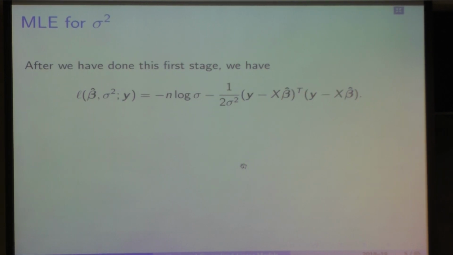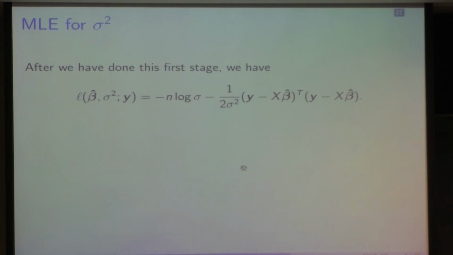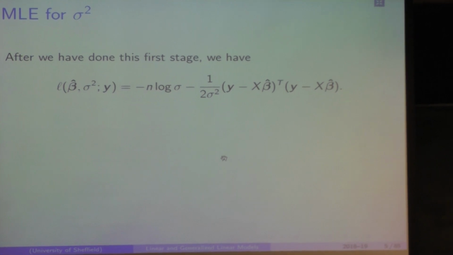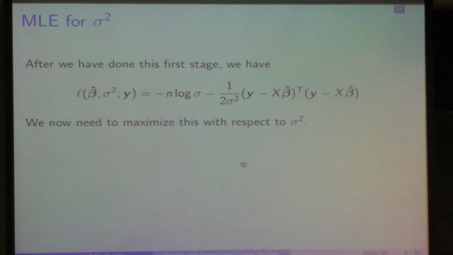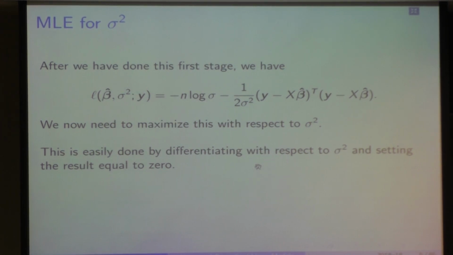We can now substitute in our actual values beta hat. So these are our estimates of the parameter values. We can substitute those into the likelihood. So now, because we've done the beta part, we're only thinking of this as being a function of sigma squared. So we can differentiate it to obtain a maximum likelihood estimate for sigma squared.